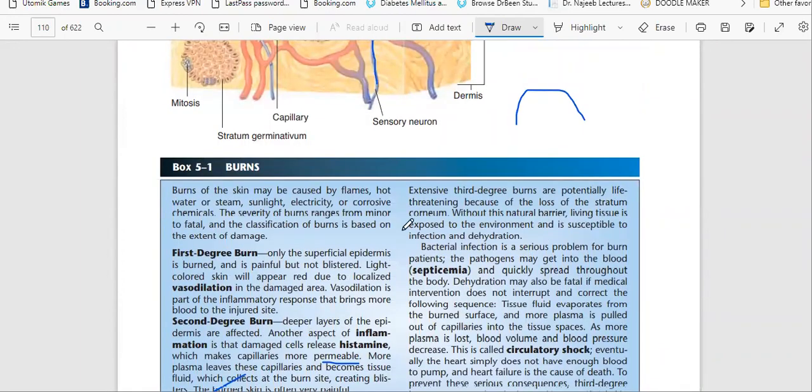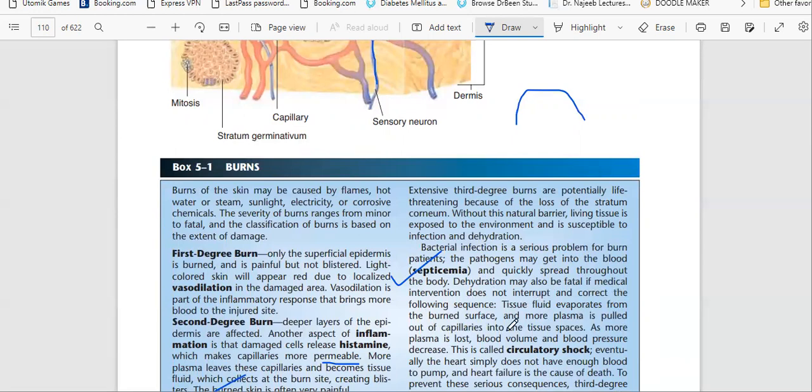In the third degree, bacterial infection is most common, and it can get into our blood and cause septicemia, meaning infection in the blood that quickly spreads through the body.